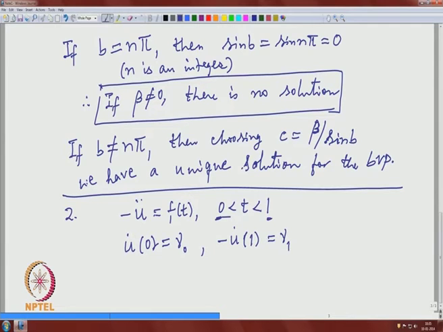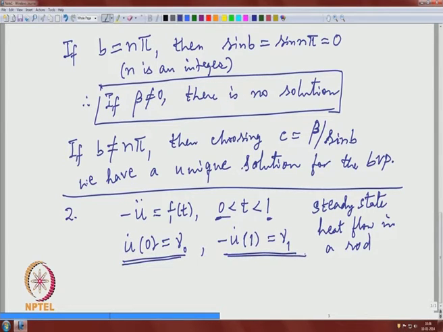So, this represents steady state heat conduction, heat flow in a rod. Physically, the rod is placed at the interval 0 to 1, these two end points, and these represent the heat flux. So, that is one physical interpretation.